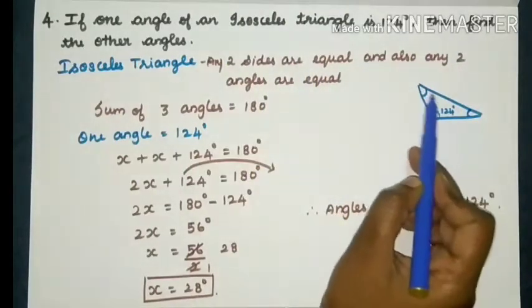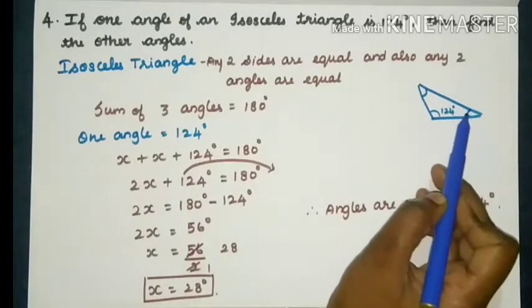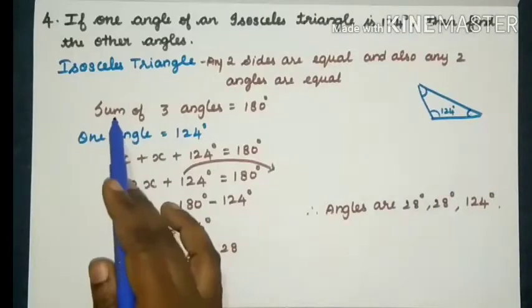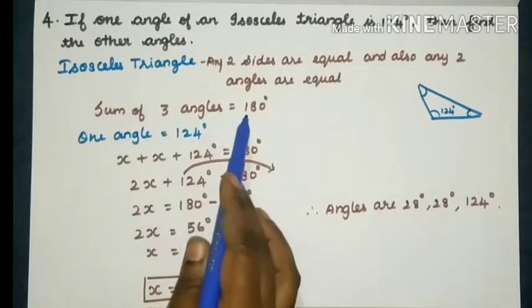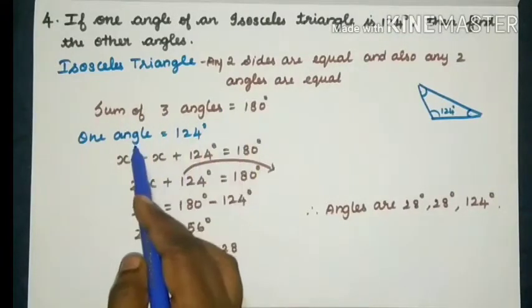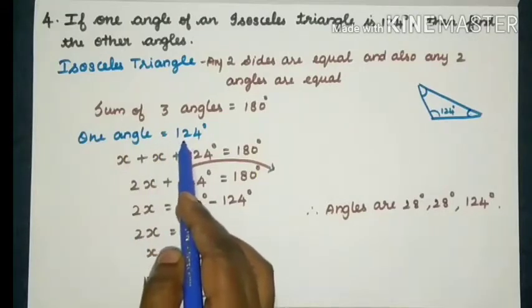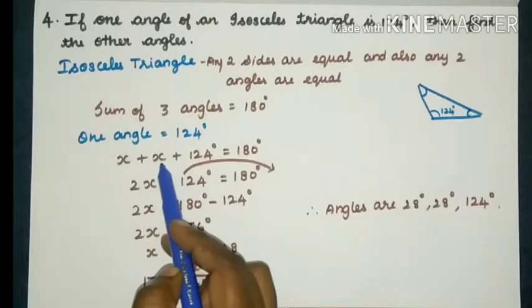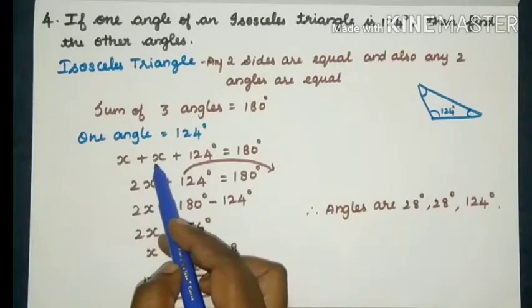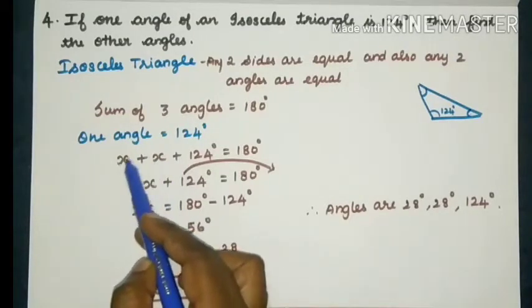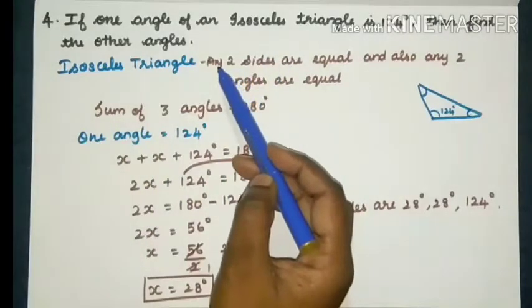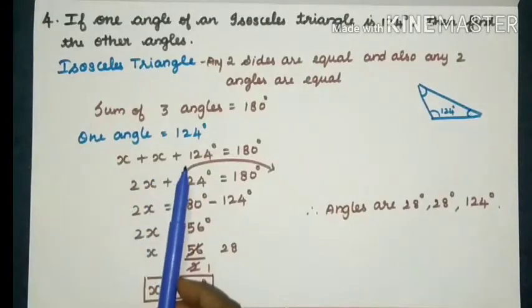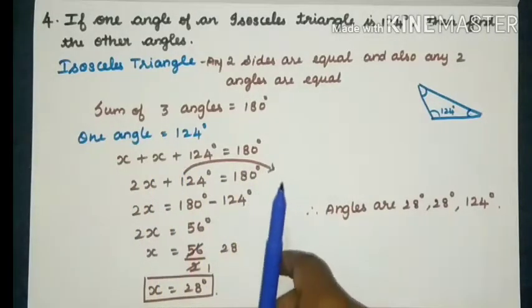Definitely the other two angles are the same. As we already know, the sum of three angles is equal to 180 degrees. So let's substitute the unknown value as a variable, x plus x, because isosceles triangle means any two angles are equal. So x plus x plus 124 equals 180 degrees.